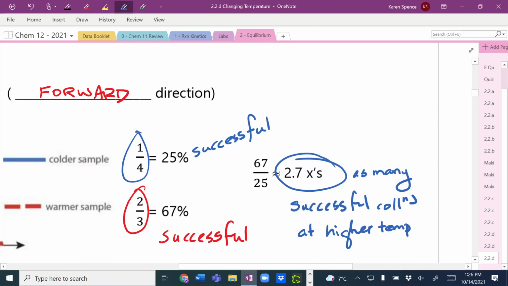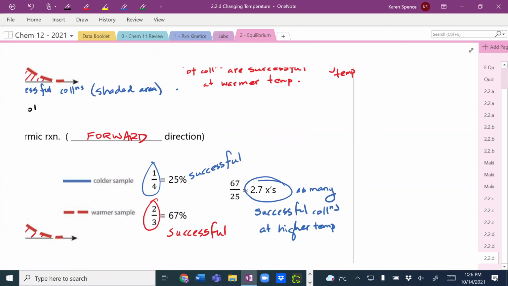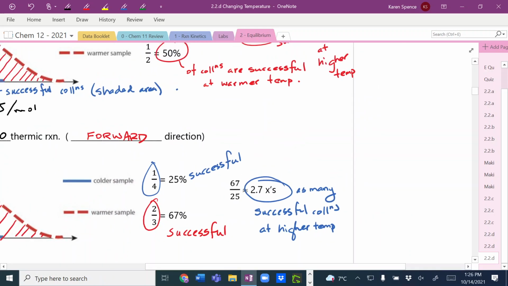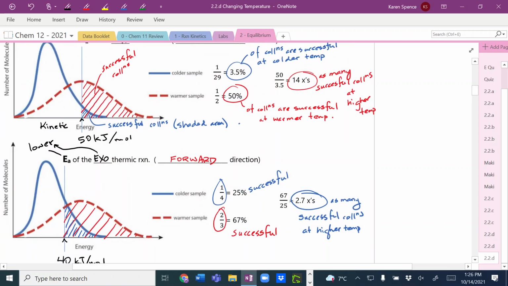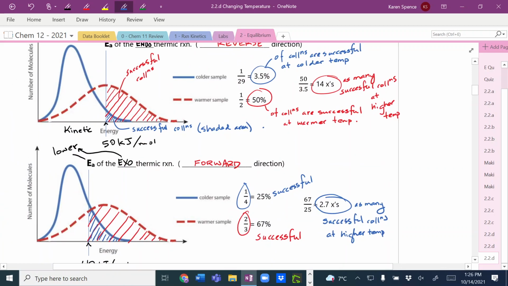So when we were dealing with our exothermic reaction, yes, we got more successful collisions, but we didn't get nearly the same multiplier. If I zoom out, you can see for our endothermic reaction, we got a 14-time multiplier when we increased the temperature.